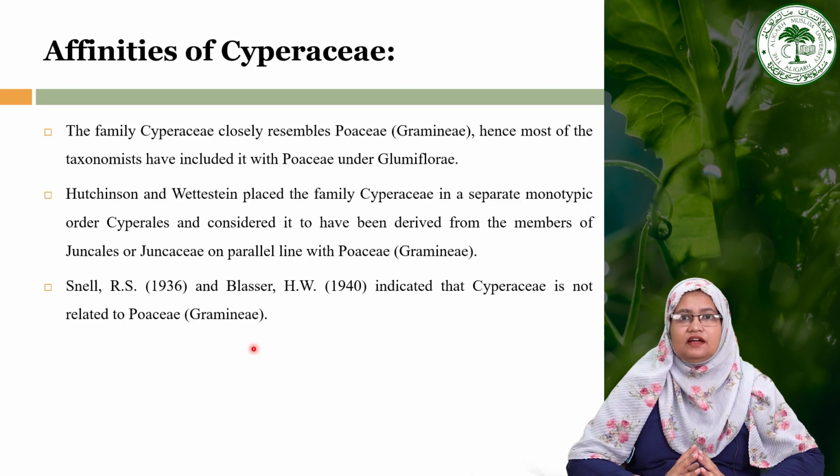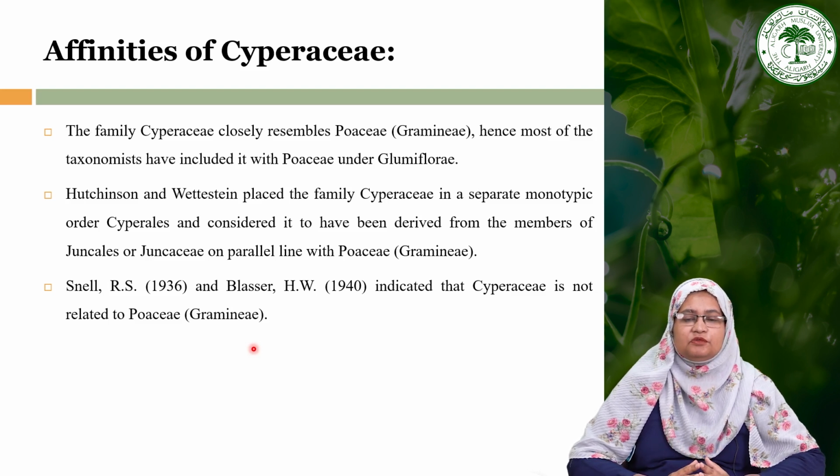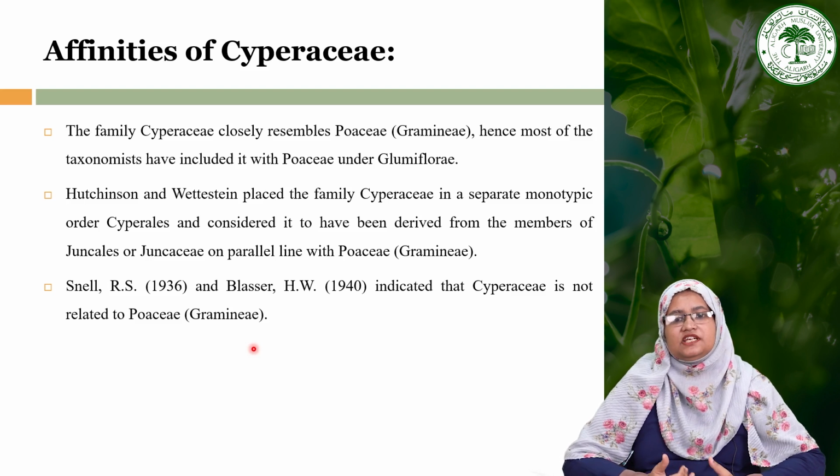Now moving toward the affinities of the family Cyperaceae. The family Cyperaceae closely resembles the Poaceae family that we will discuss from the next section. Hence, most of the taxonomists have included it with the Poaceae under the Glumiflorae. As we discuss the Poaceae family, you will see many characteristics are the same in both Poaceae and Cyperaceae.